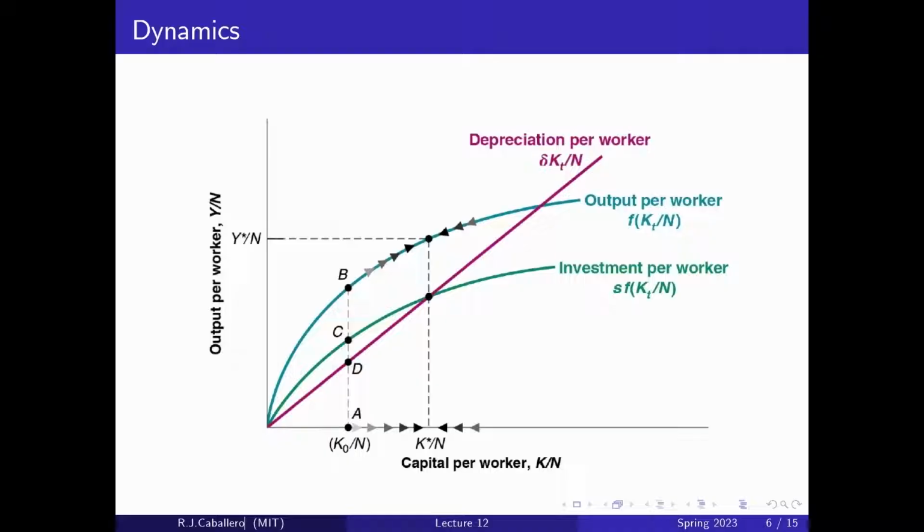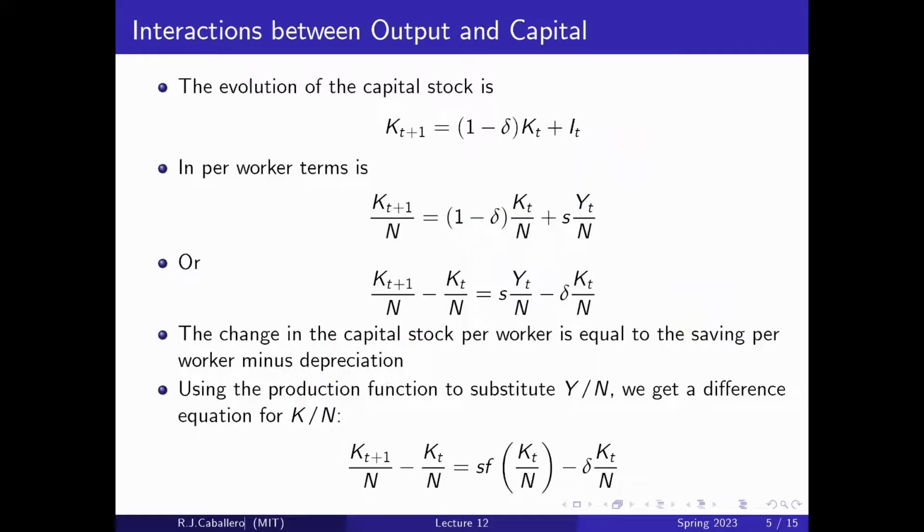So look at what we have here. I'm going to plot output per worker, per person, against capital per worker here. And so this red line here is just the depreciation, okay? This term here.